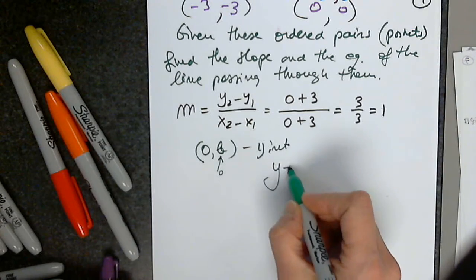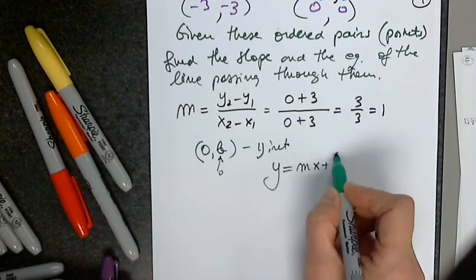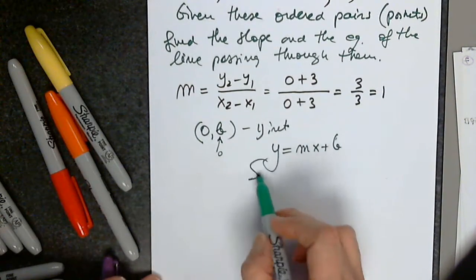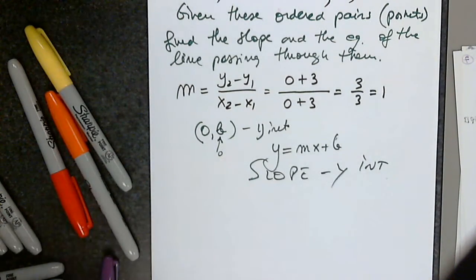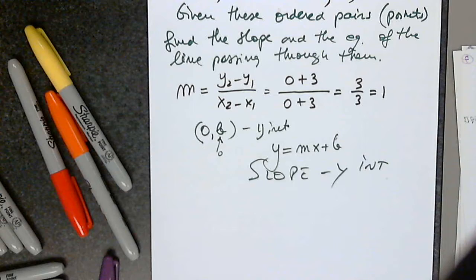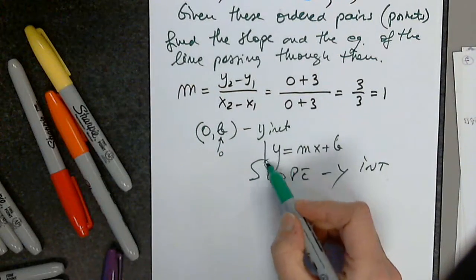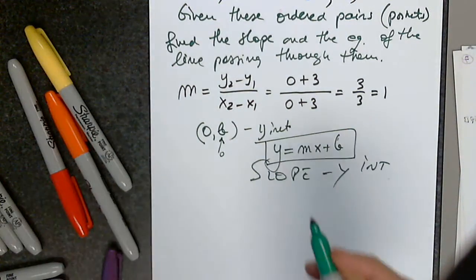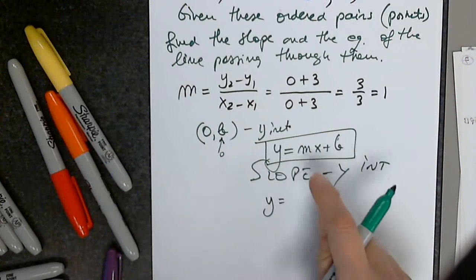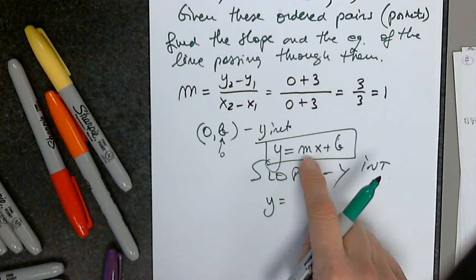Therefore, I can use y equals mx plus b, which is the slope, y-intercept. Everywhere you will find this, it will say slope-intercept, but it's referring to the y-intercept. Good. So I can write the equation of the line passing through these 2 points. I copy y. I copy the slope. What did we find?